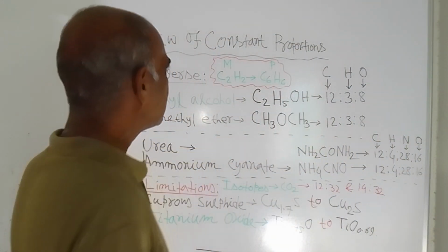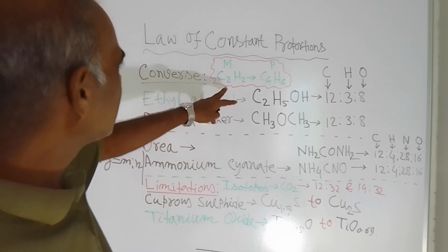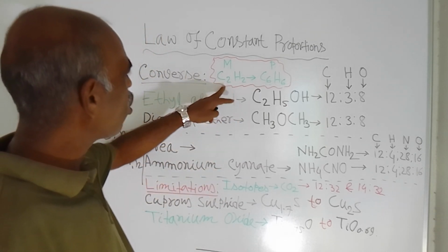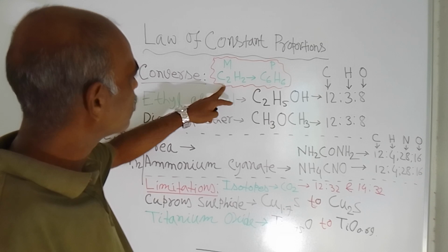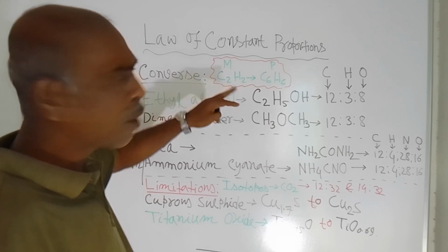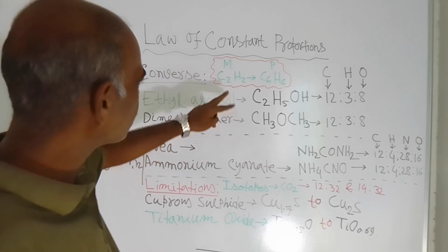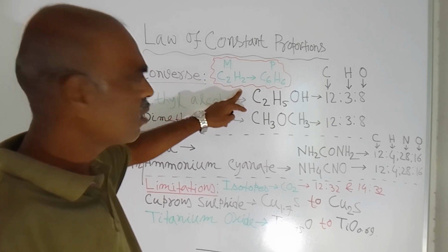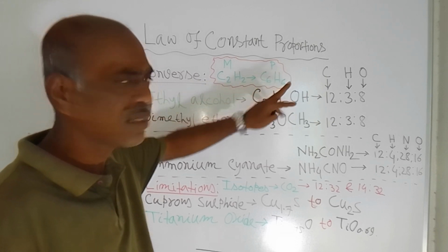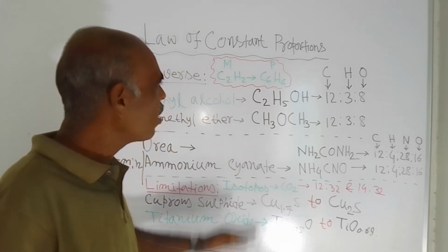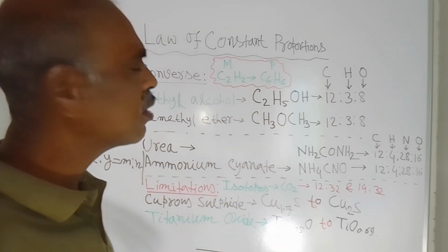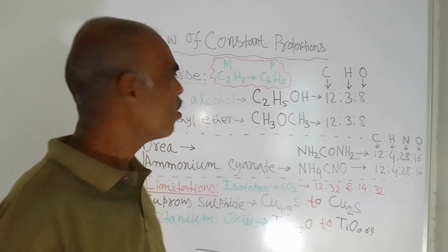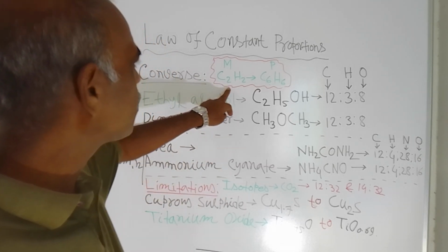Right, here you can see the ratio. How much carbon is there? If you talk about the number of atoms, then it is 2 is to 2, that is 1 is to 1. And here 6 is to 6, that is 1 is to 1. So if you take the mass ratio, you will always get the same.